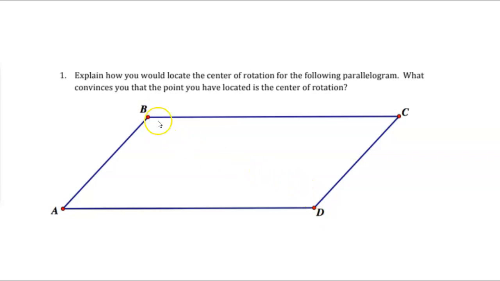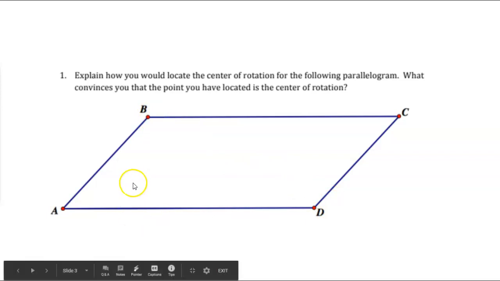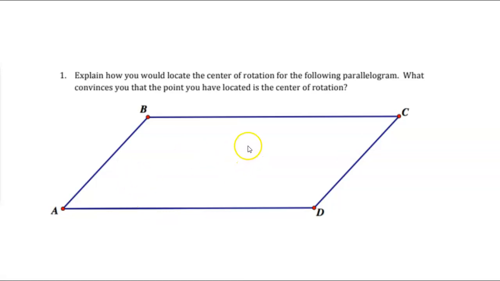So I can't really fold it and have it lie directly on top of itself, but I should be able to spin it. But in order to do that, I have to find the center of rotation, and it's called the center for a reason. It's got to be somewhere here in the center where I can actually rotate it on itself.